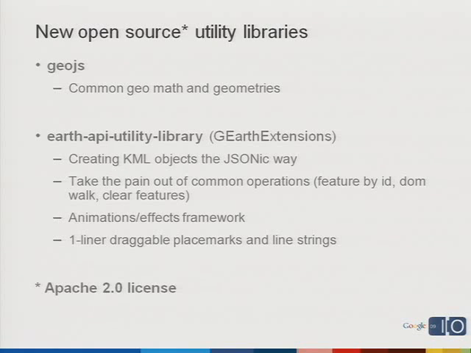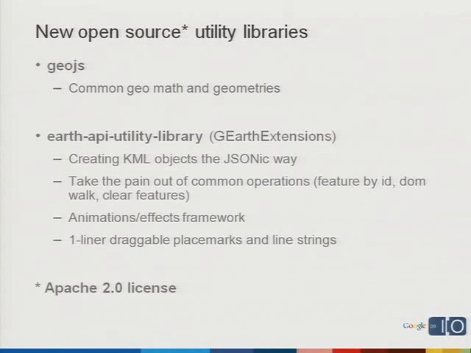You can do math on them, like get the distance between two points, calculate the initial bearing to get from point A to point B, calculate if a point is in a polygon or not, calculate the area of a polygon. You can also work with things like latitude, longitude bounds. A lot of this is repeated from the Maps API, and this is open sourced. It's not the same code as the Maps API stuff, but it accomplishes much the same goals. So that's GeoJS in a split second.